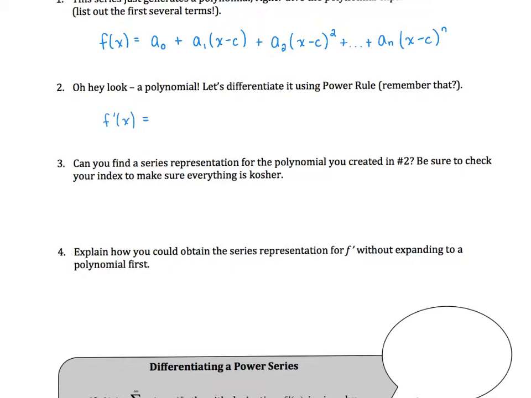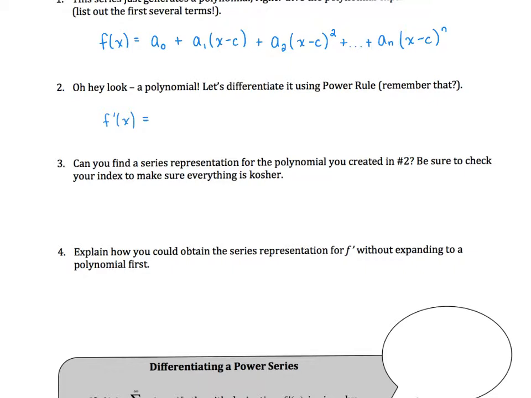Ultimately, we're just going to keep bringing down the exponent in front as a coefficient and knocking the exponent down by 1. That's power rule. So for our nth term, the differentiation will be n times a_n times (x minus c) to the n minus 1. That's it.